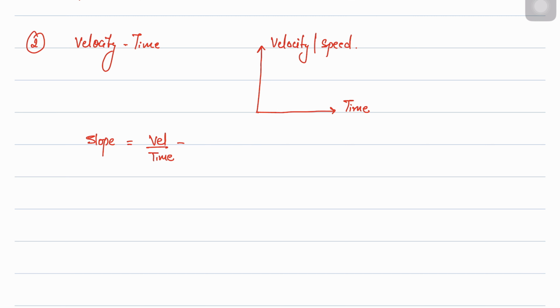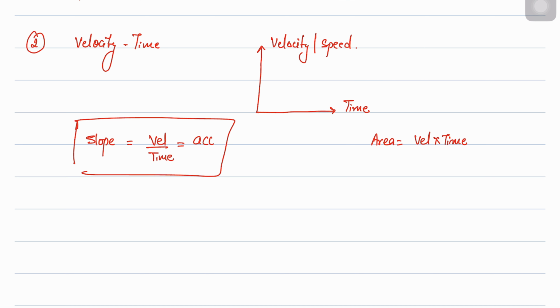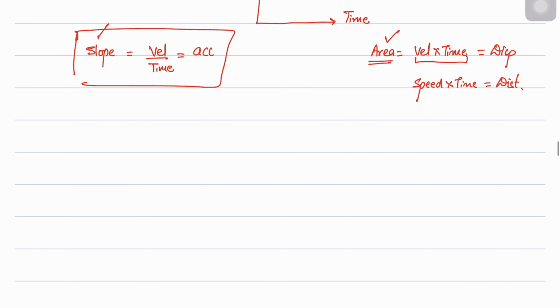Yes, we have something called acceleration. So can I say the slope of the velocity time graph is acceleration? Check with area: velocity multiplied by time is equal to displacement. Speed multiplied by time is equal to distance. So area is possible, and slope is also possible.